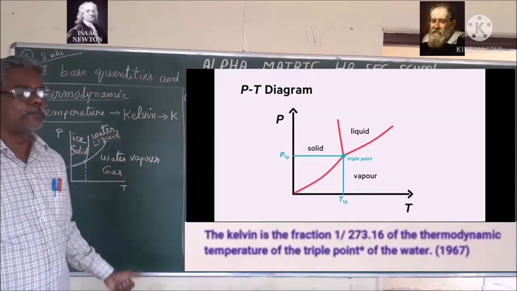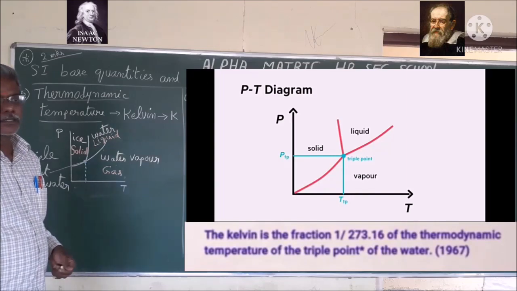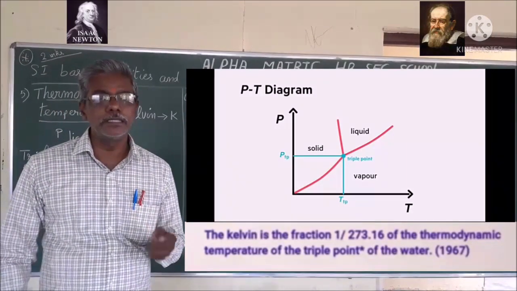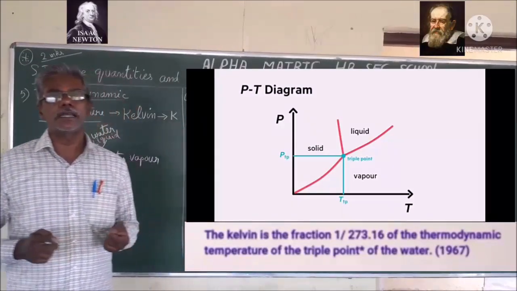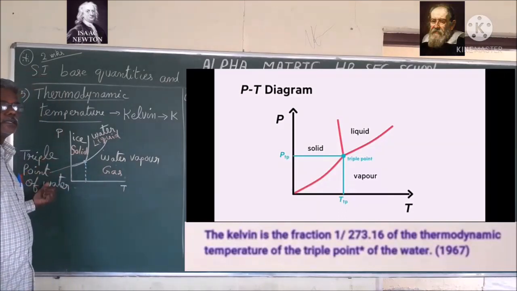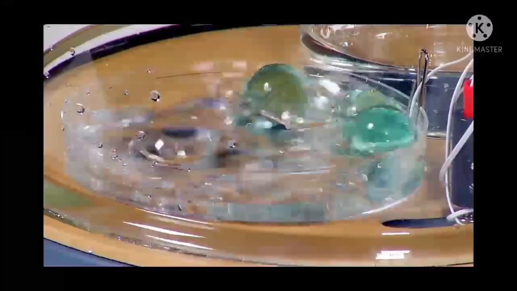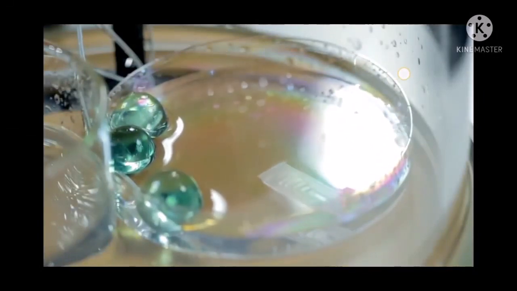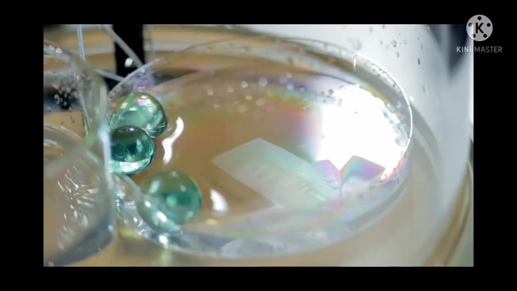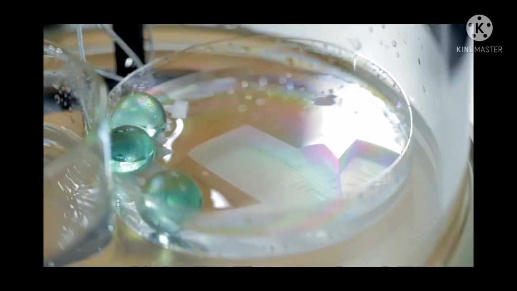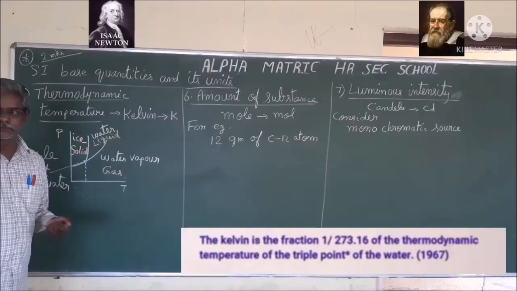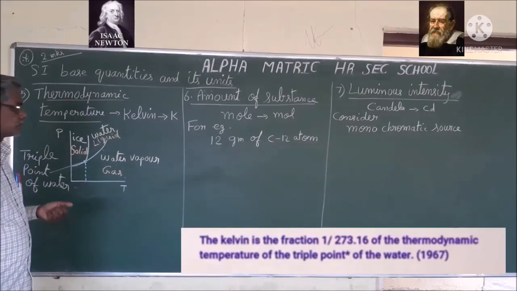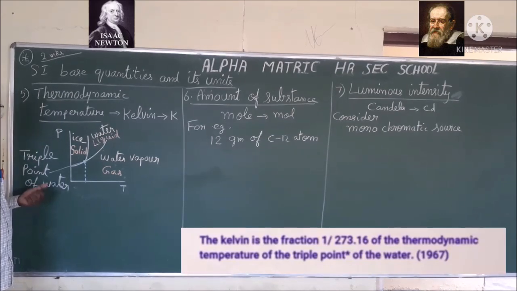Now, what is the triple point of water? If water exists in 3 phases, that is solid, liquid and gas, then I can call it the triple point of water. Now, what will be the temperature at this triple point of water?